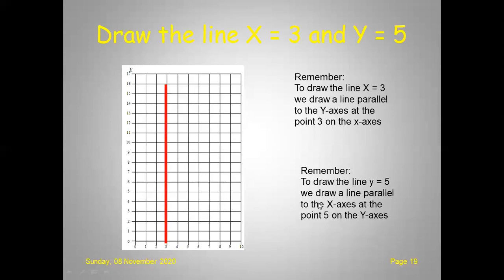If he asks me to draw y equals 5, since he asked me y equals, I'm going to look on the y-axis for where 5 is, and draw a line that cuts the y-axis at 5, so it's going to be y equals 5.